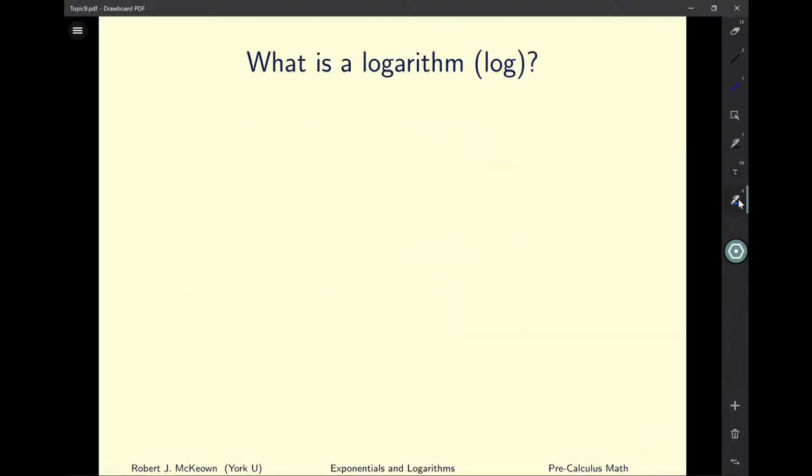Now logs are another way of thinking about exponents. So we saw exponents on the previous slide. What's a logarithm?